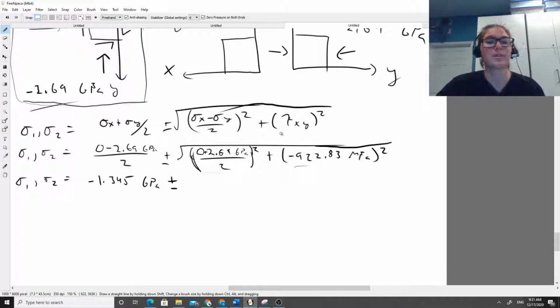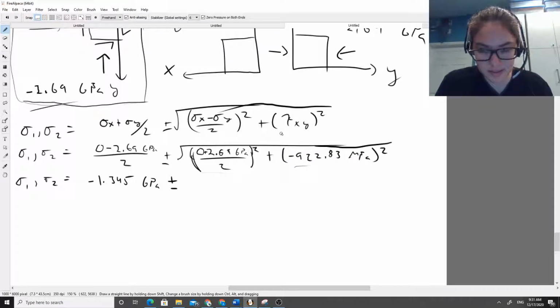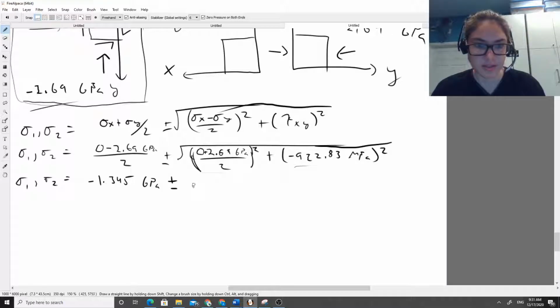So one's going to be to the 6th, one is going to be to the 9th. 0.92283 squared plus 1.345 squared, equal to that. Radical of this in the calculator is going to be plus or minus 1.63, and that's going to be gigapascals.